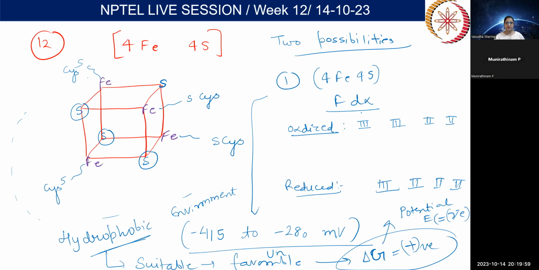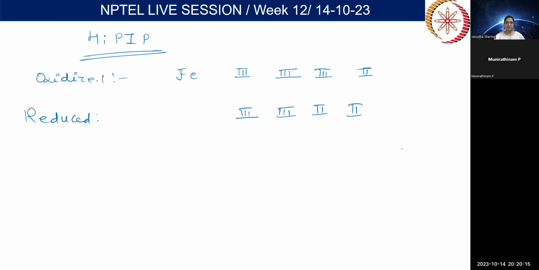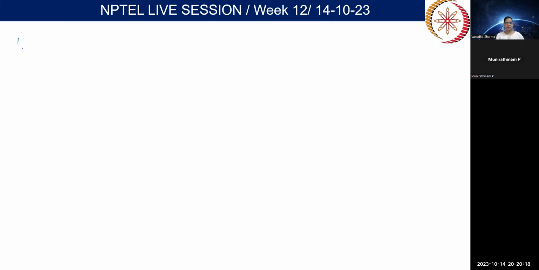In this case, we expect that 2 are in Fe3+ and 2 are in Fe2+ positions. That means they should have 1:1 intensity, right? But consider the first case, where we have 4 iron, 4 sulfur, with cysteine ligands. In the oxidized species I'm saying 2 iron in plus 3 and 2 iron in plus 2.